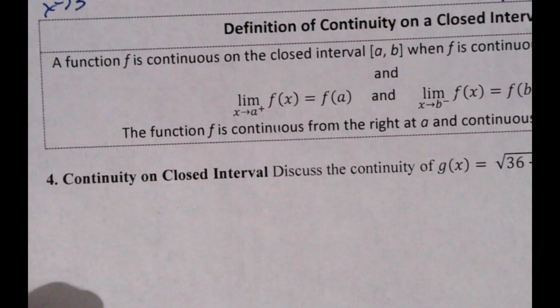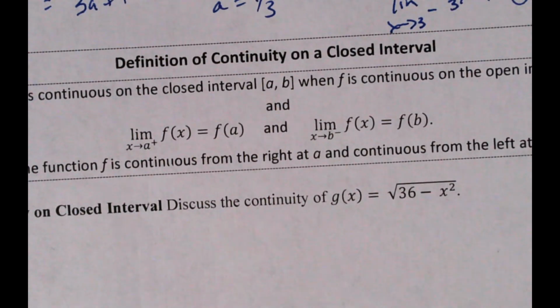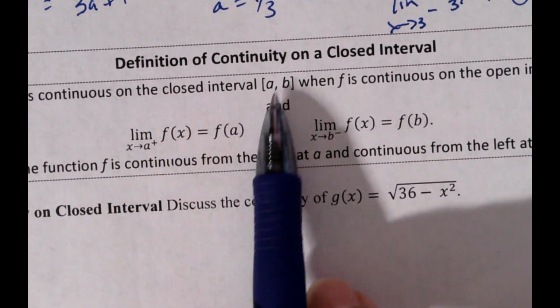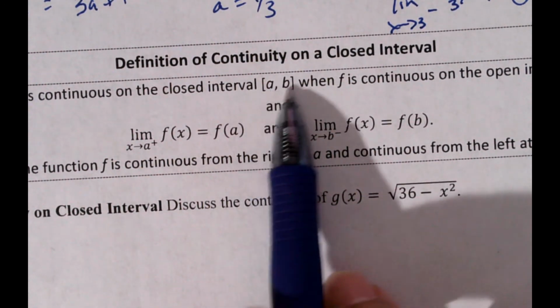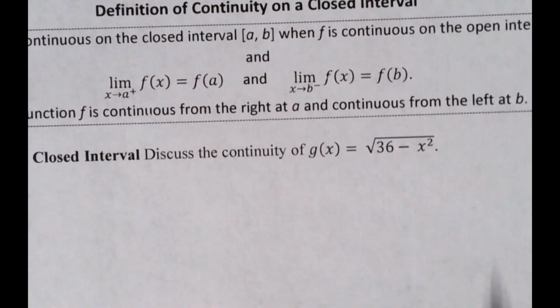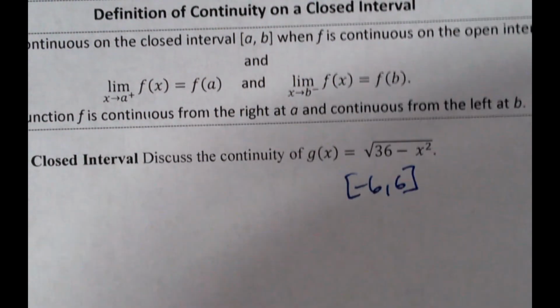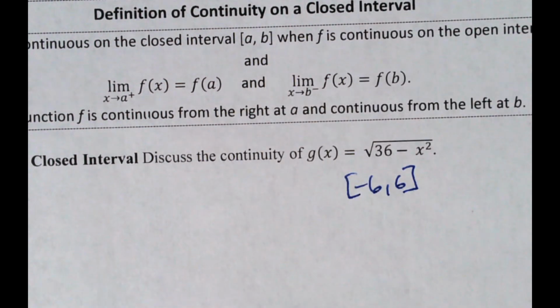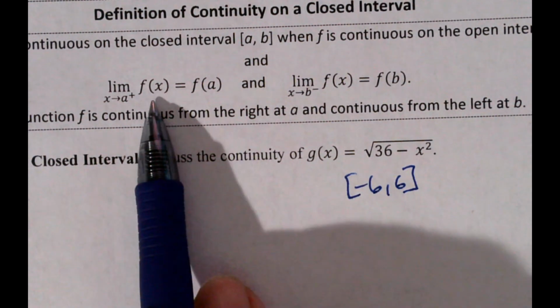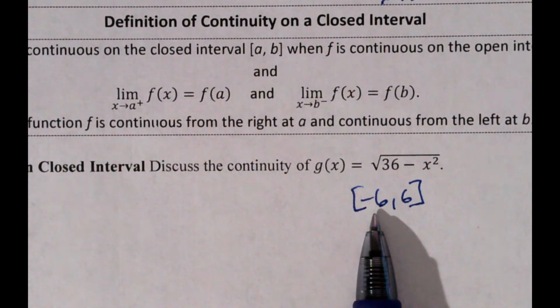So every time we looked at continuity, it was a two-sided limit. But what if there is no left side of an endpoint? So here is an example of a function where the domain is from -6 to +6. Then you just need to check what's happening as the limit approaches the left endpoint from the right-hand side.